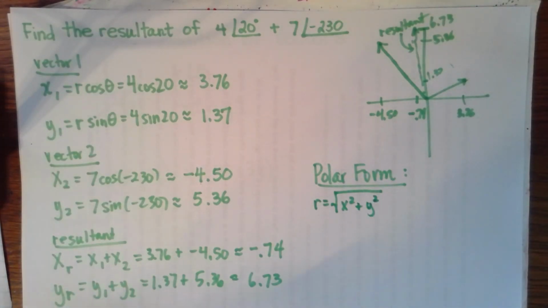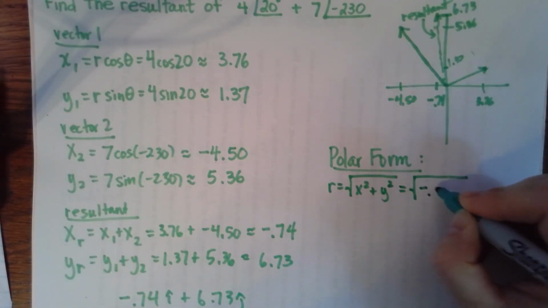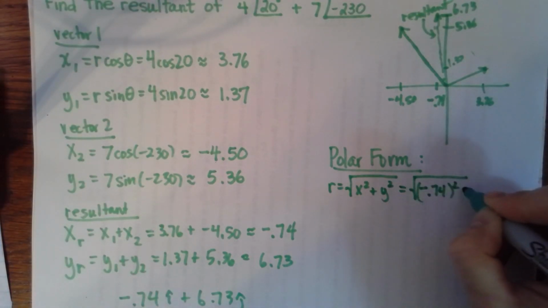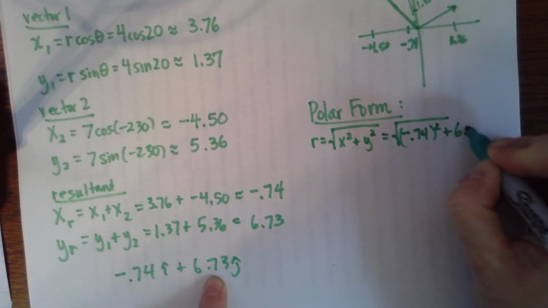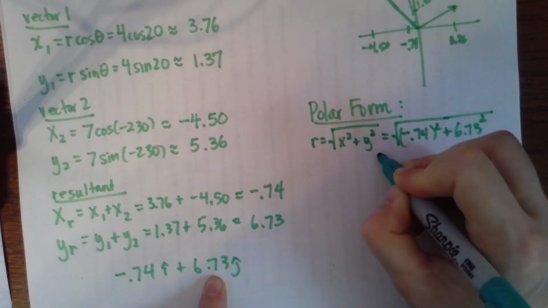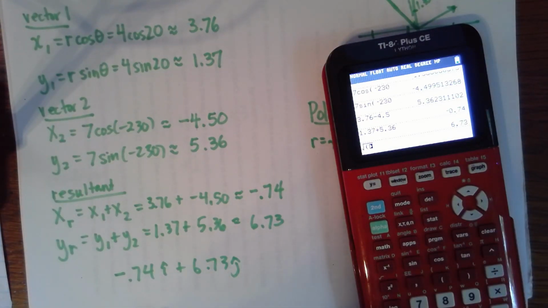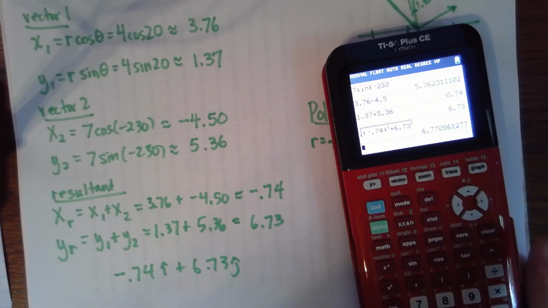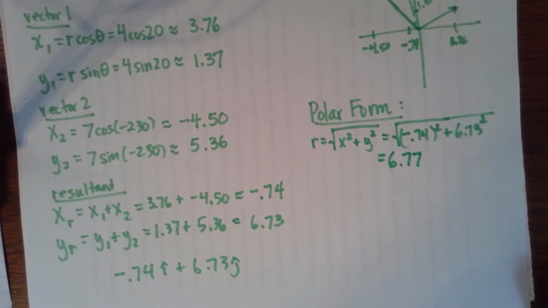For us, our horizontal is negative 0.74 and our vertical is 6.73. So the square root of negative 0.74 squared plus 6.73 squared is roughly 6.77. So that's my r value.